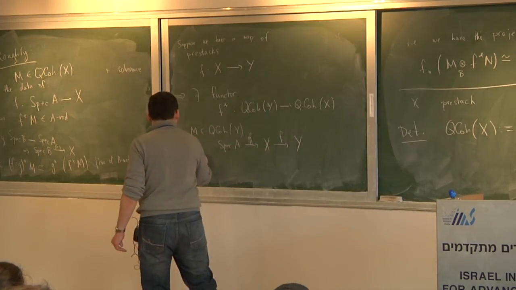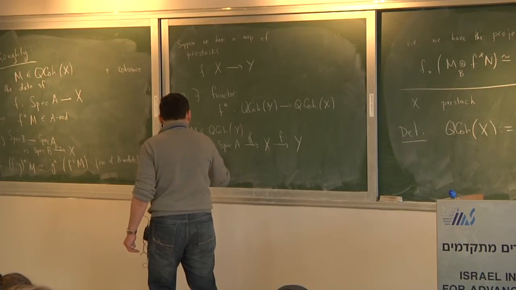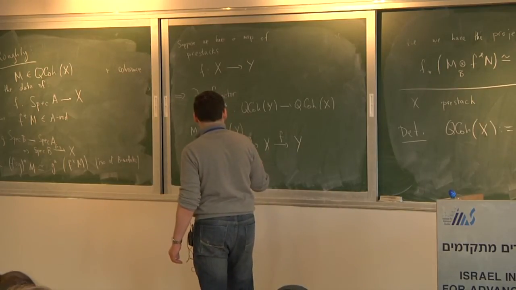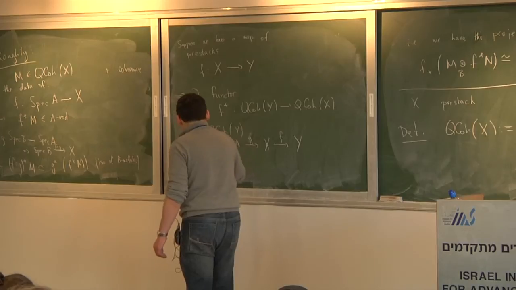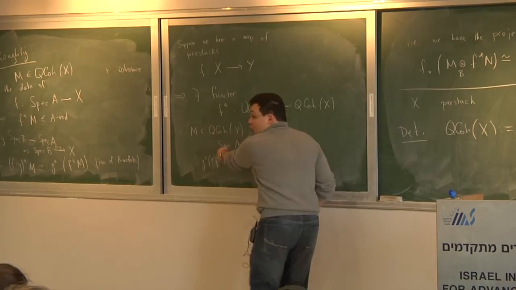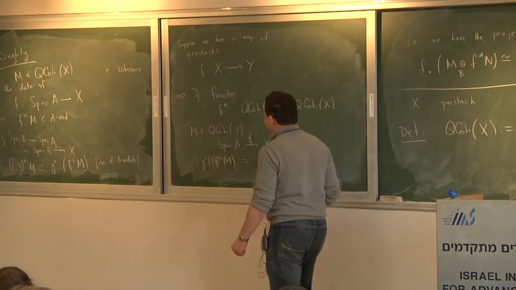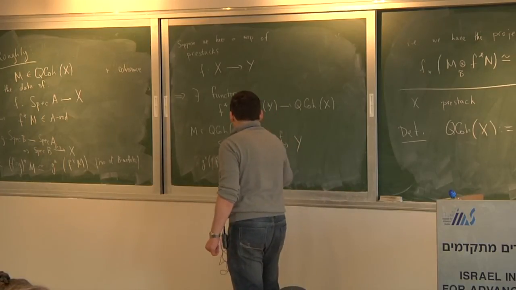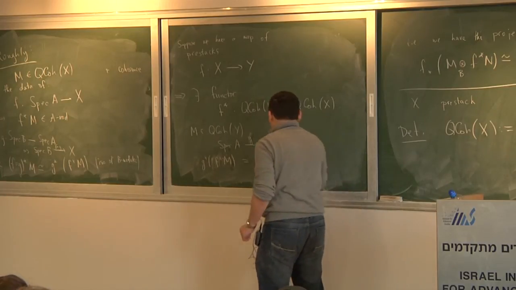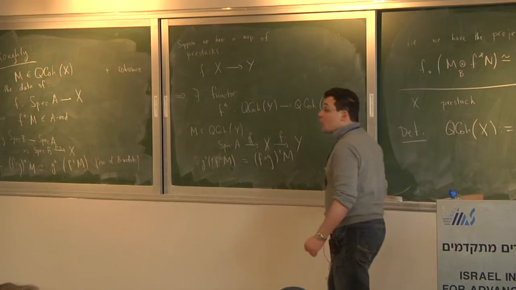So I define G upper star of M: whatever F upper star of M is, I have to define what G upper star is for every affine map. Hopefully the notation is suggestive enough that I take the composite, and it's whatever was assigned to this composite map, which makes sense because it's part of the data of what a quasi-coherent sheaf on y is.